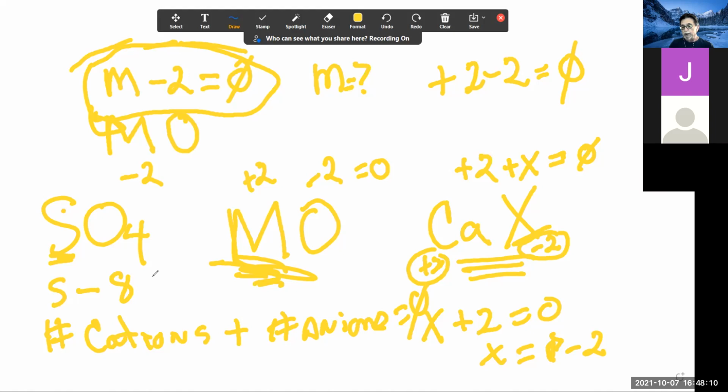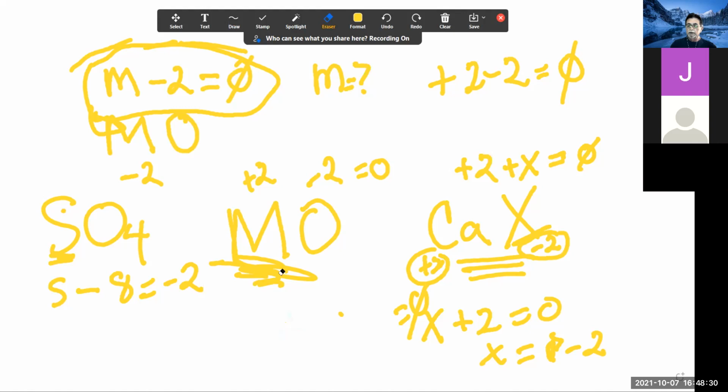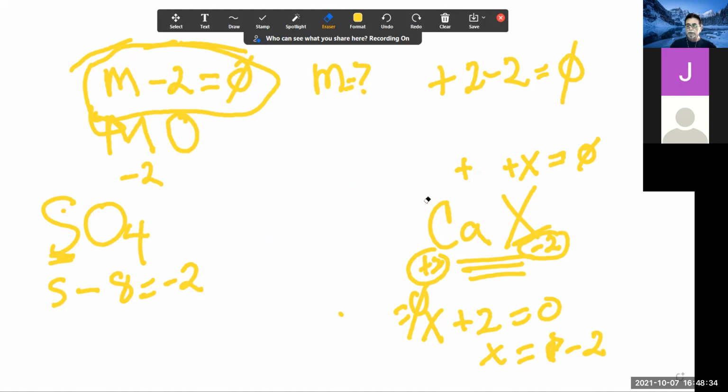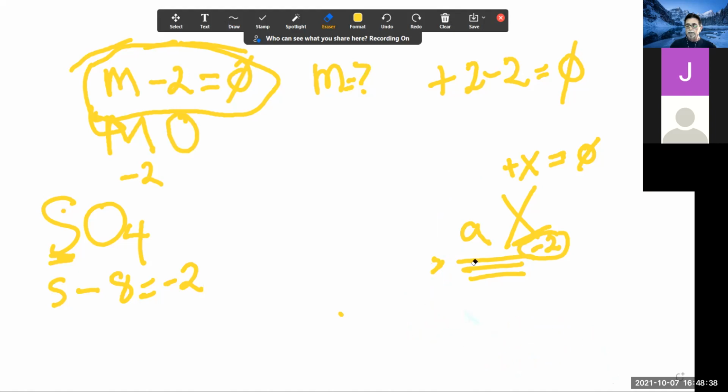You got 4 of them. And then the overall molecule charge is a -2. So what do you think the oxidation of sulfur is under these conditions? S minus 8 equals -2. Anybody want to take a guess at that?